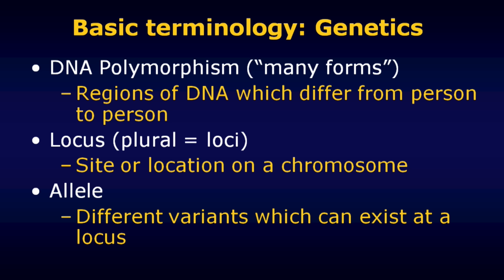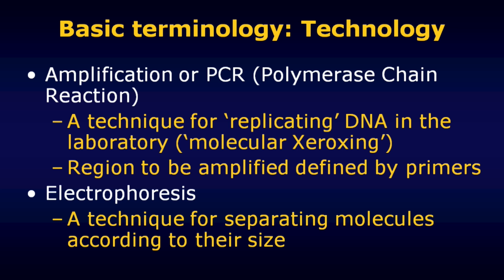An allele is simply a recognizable variant of a DNA molecule that you might find at a particular locus. Okay? So again, I apologize for the vocabulary, but it'll make things easier down the line if we're all using the same words to mean the same things while we're talking about DNA profiling, and these 3 come up time and again. There are 2 others I just want to go over quickly right now.